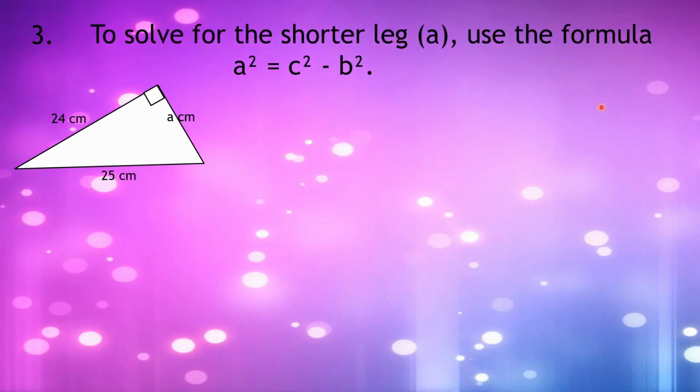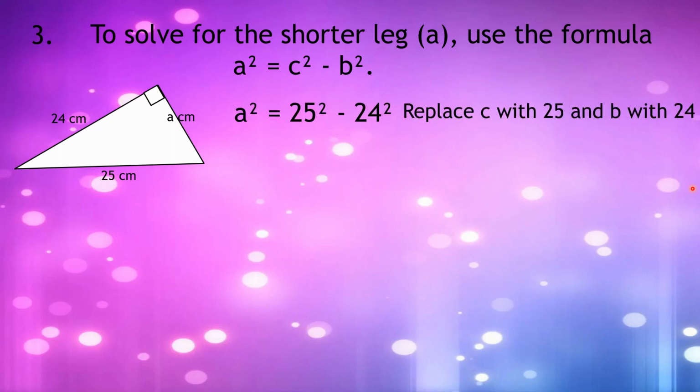How about number 3? Our given is 25 centimeters for the hypotenuse, 24 centimeters for one leg, and the other leg is missing. We are going to find the shorter leg, A. So we use A squared is equal to C squared minus B squared. Replace C with 25 and B with 24.